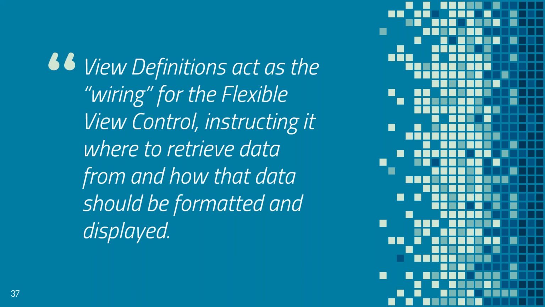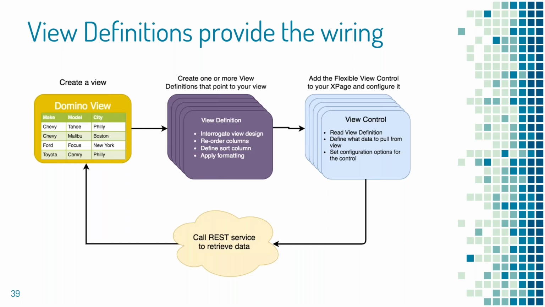View definition documents allow us to move the design of our views out of the actual view design element and into a notes document that we can then reference and make changes to without rebuilding the application. And again, re-upping this graphic here, view definitions here in the middle play the most important role.